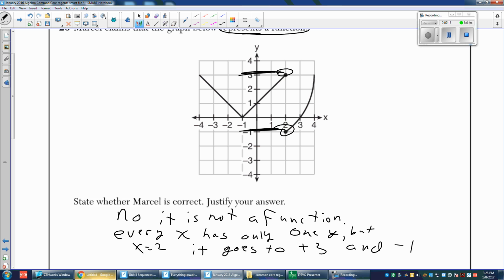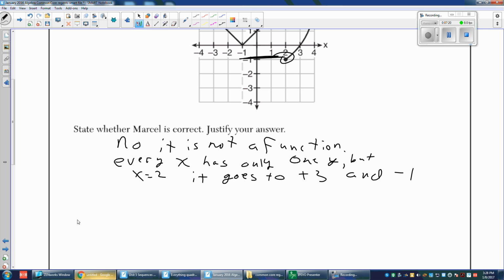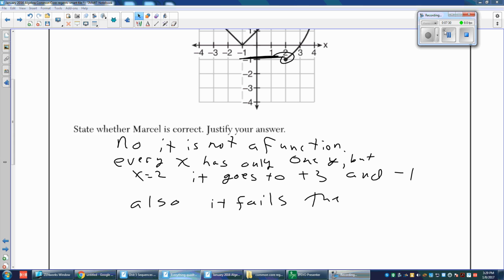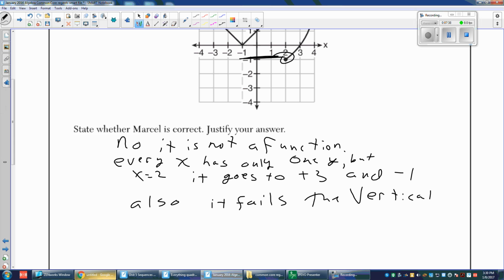Okay, there's another reason. Also, it fails the vertical line test.